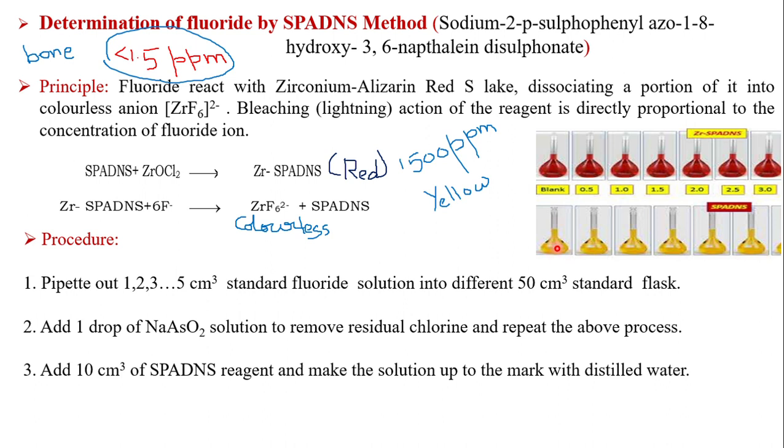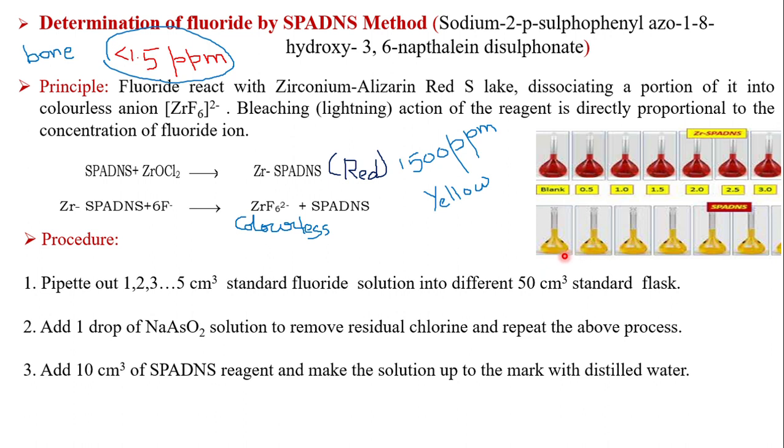So higher the release of the SPADNS, higher would be the yellow color intensity. Lesser the SPADNS release, less is the yellow color, like this. So it will give an increasing color intensity to this flask with increase in the concentration of the fluoride ion.